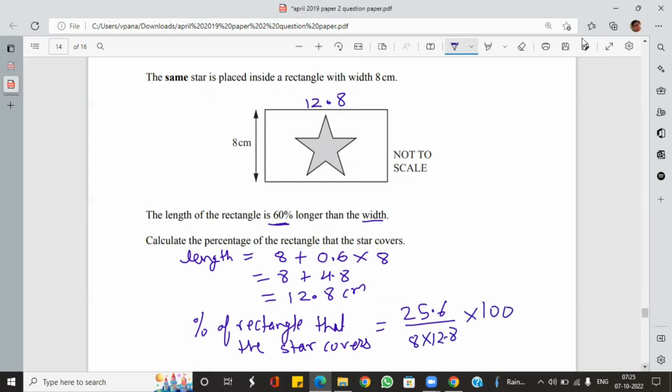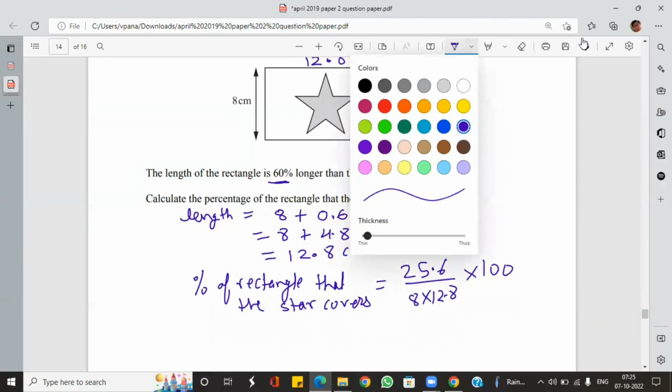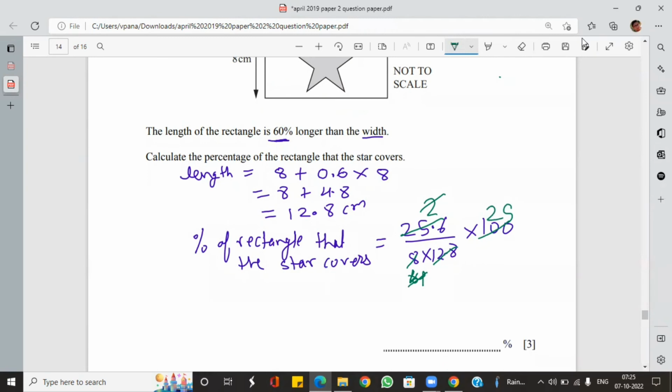So let us simplify this. We can see that 12.8 times 2 is 25.6. So the calculation is easy over here, no need of a calculator. So you get 12.8 times 2, and 2 ones are 2 and 2 4s are 8. And when I divide 100 by 4, I am getting 25. So this is how 25% of the area of the rectangle is covered by the star.